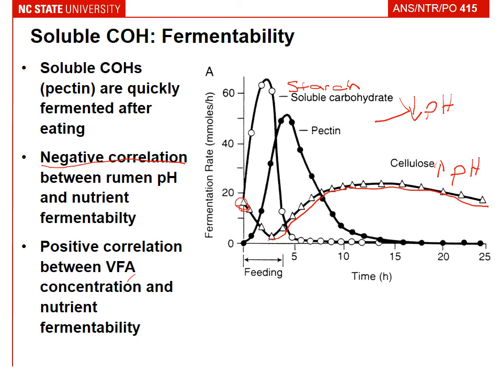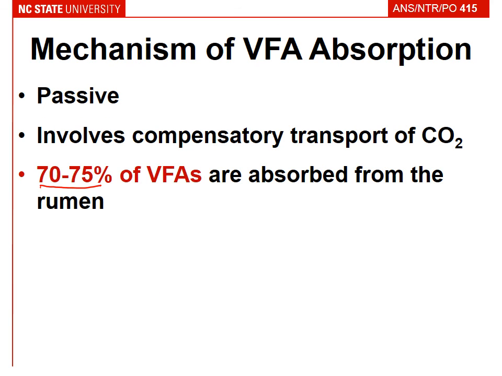So they produce many more volatile fatty acids. The more soluble the carbohydrate, the greater amount of volatile fatty acids that are produced.